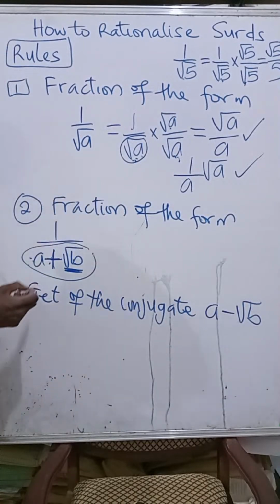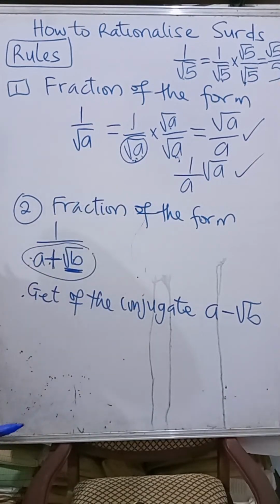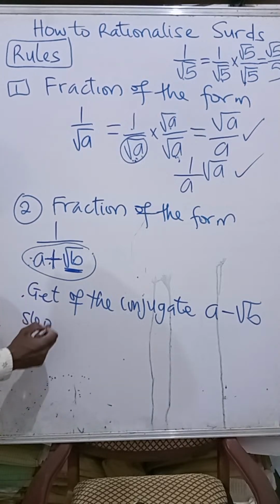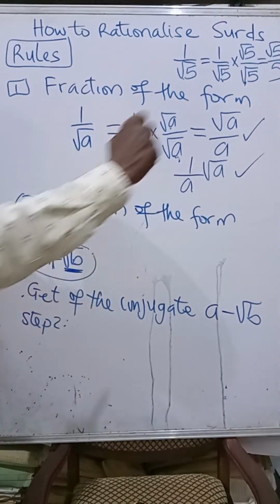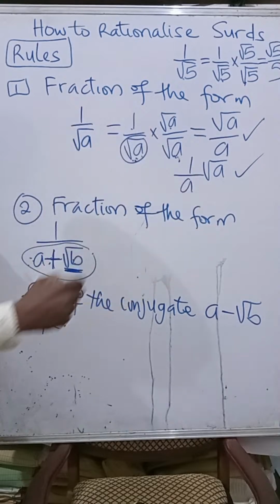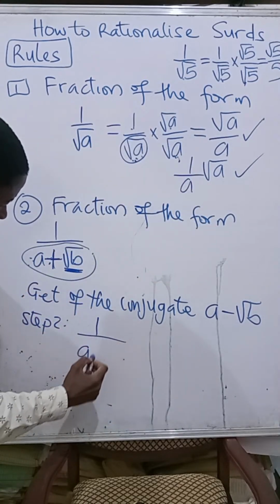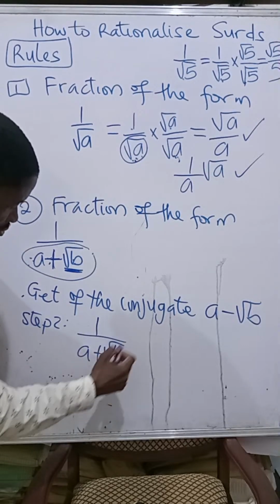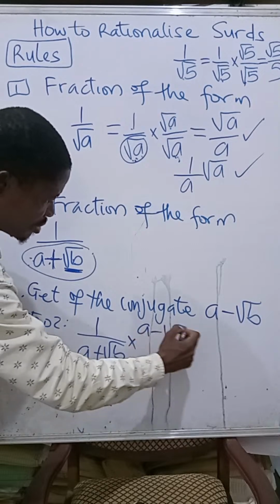Okay, step 1, get the conjugate of that denominator. Step 2, use that conjugate to multiply both the numerator and denominator. The conjugate is a minus root b.